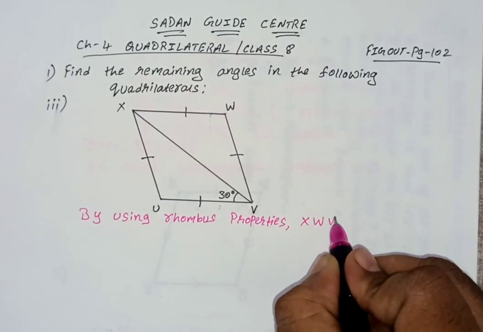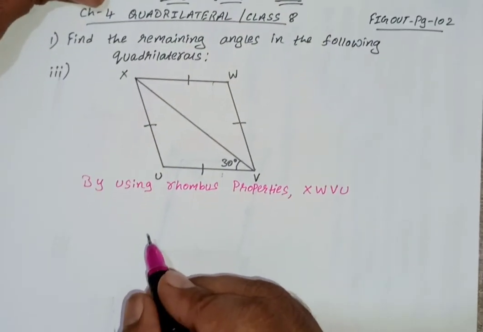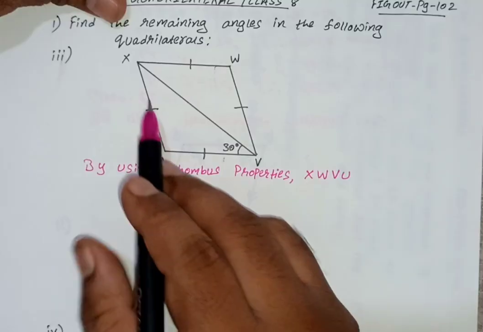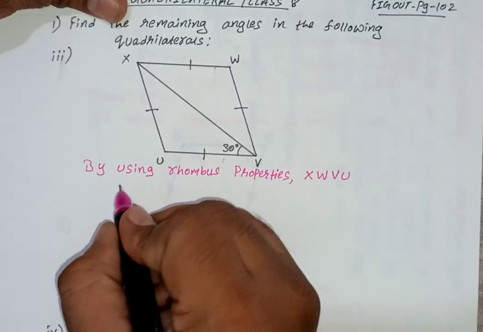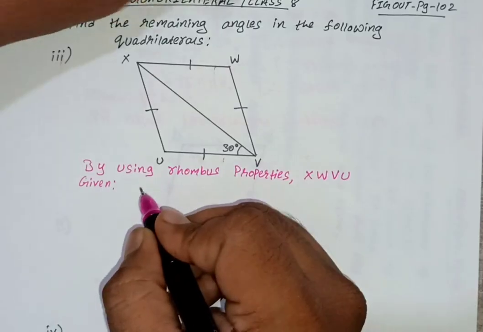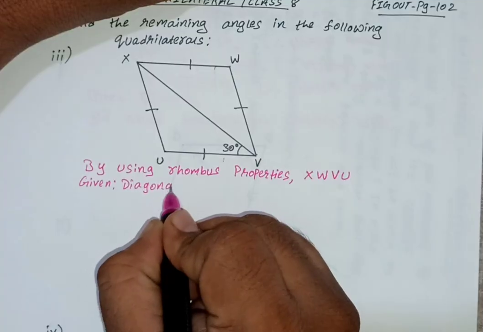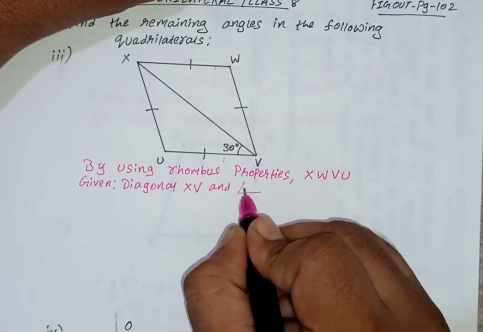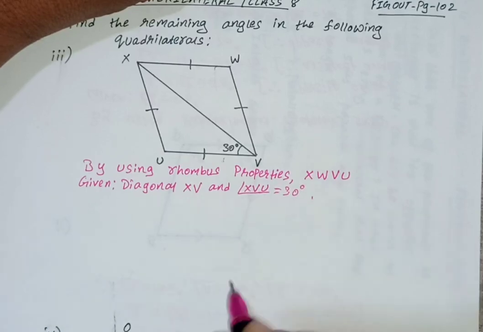X W V U, X W V U. Now what is given here? Given here is angle V, that is 30 degrees, so we can consider X V U. Given, the diagonal XV and angle XVU is equal to 30 degrees.